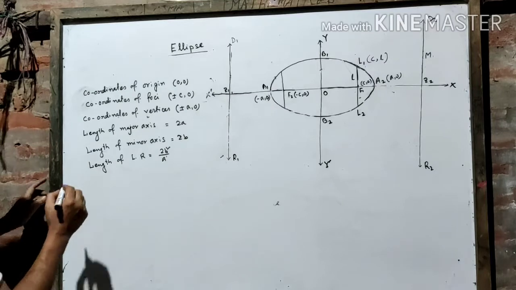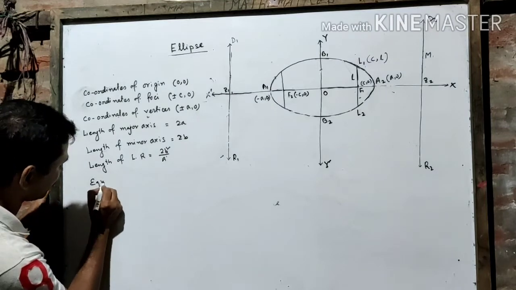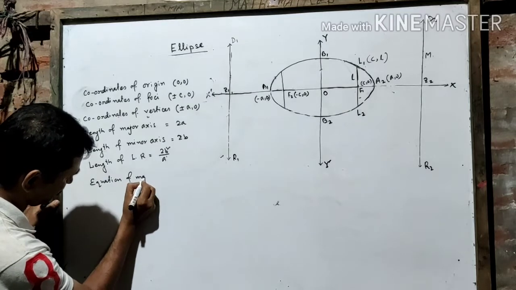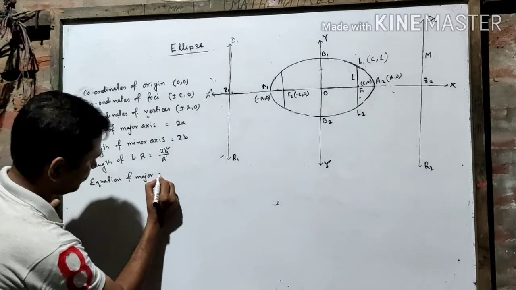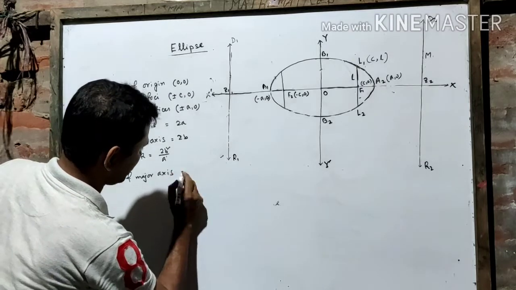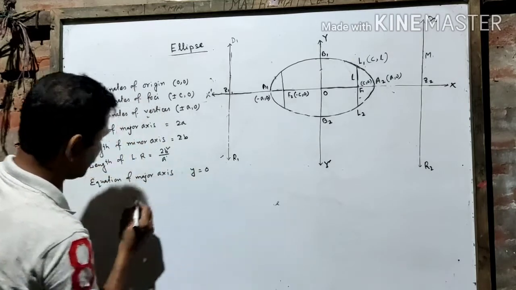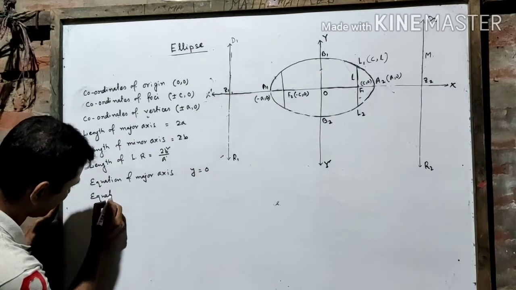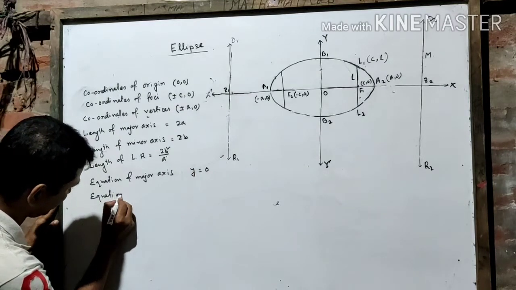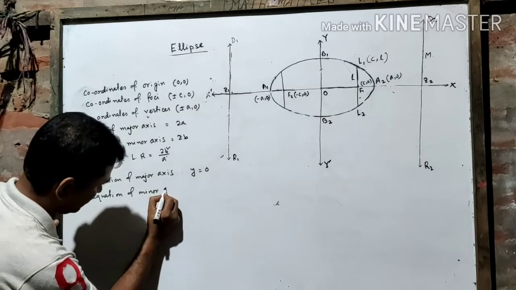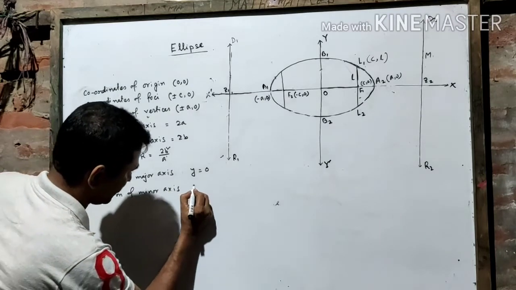Then the equation of major axis is y equal to 0, and the equation of minor axis is x equal to 0.